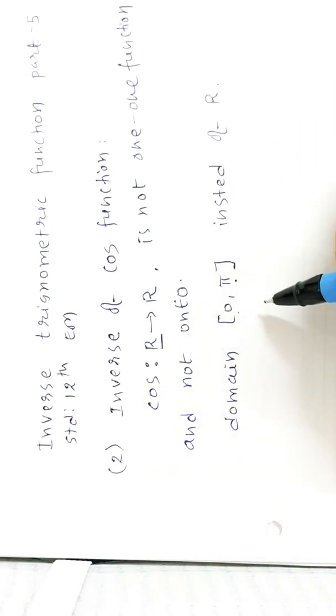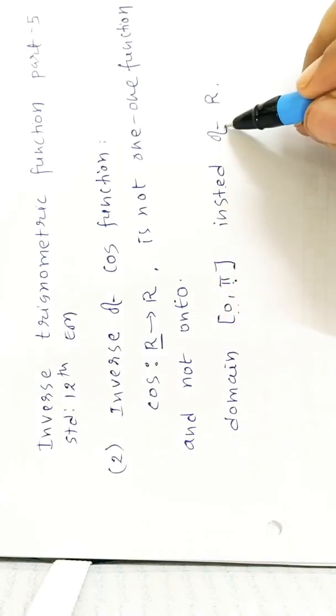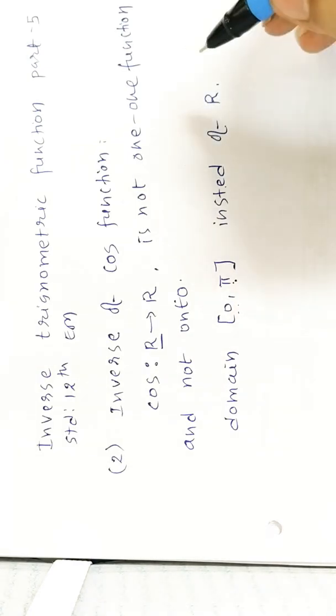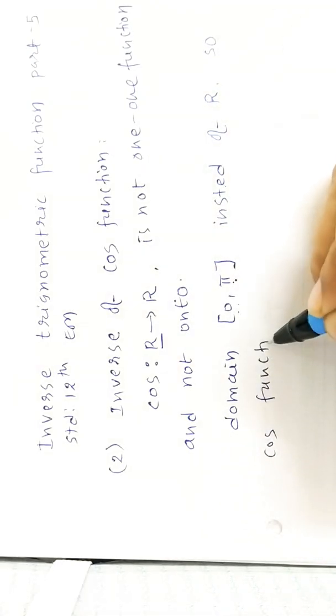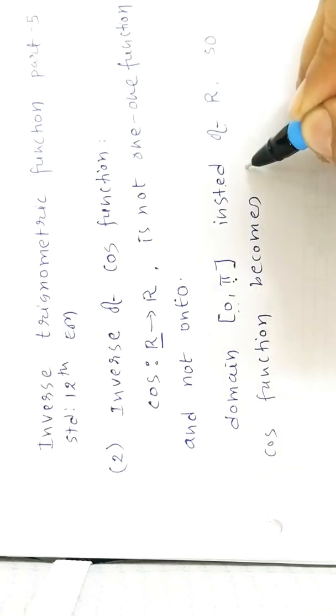We are taking 0 to pi instead of R. That is why this function becomes one-one. So the cos function becomes one-one.